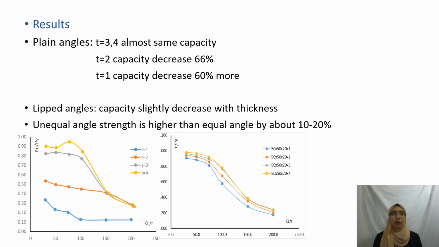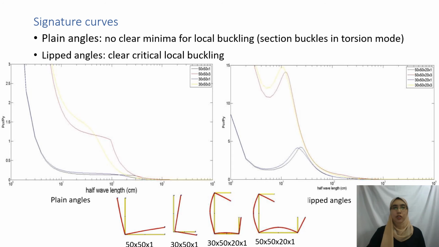Increasing the thickness for plain angles has no remarkable effect on the critical buckling load. As for lipped angles, increasing the thickness slightly increases the local buckling load and decreases the corresponding half wavelengths. The signature curves for plain angles show no clear minimum for local buckling, as the section buckles in torsional buckling.